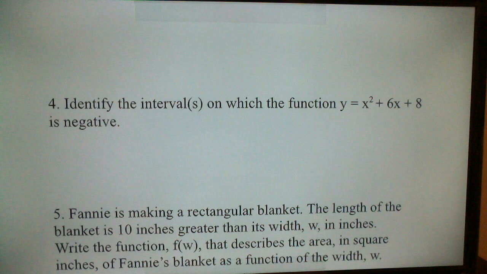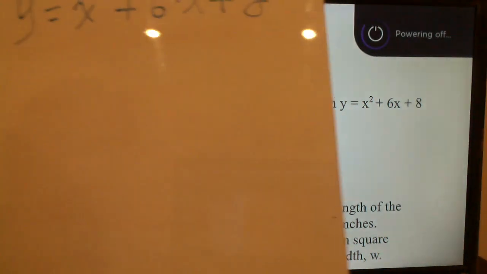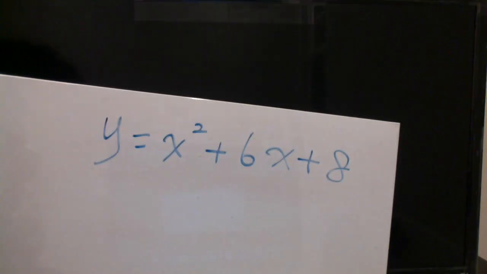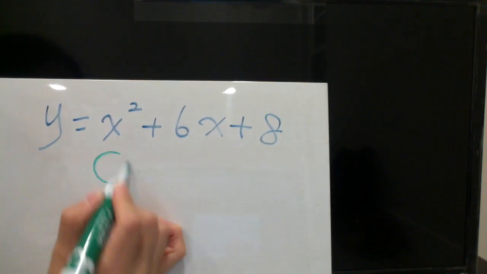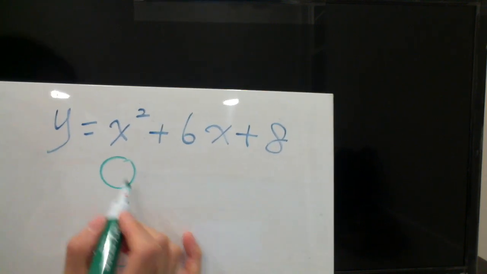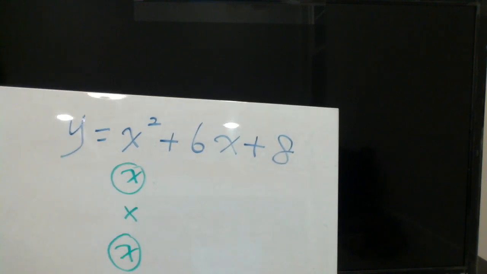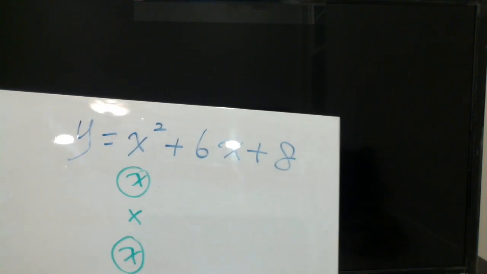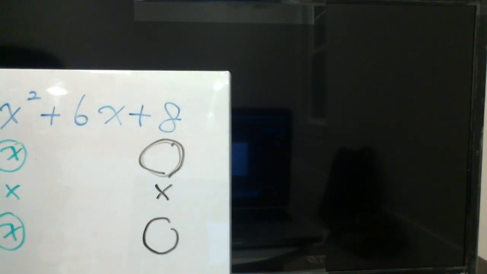Let's look at number 4. So we need to factor this to figure out the x-intercepts. So here is the equation right here. So I will find two numbers. This is x, and then what is the other side number? So these two numbers multiply, we have to make it 8, right?